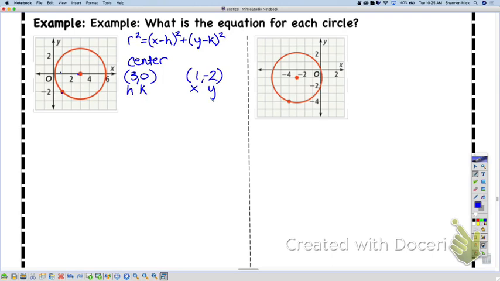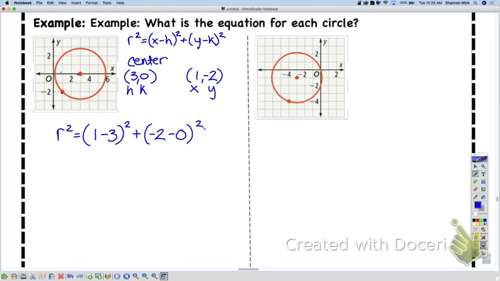So R squared equals X minus H. What's X? 1 minus H, so minus 3, squared, plus... what's Y? -2 minus K, 0, and then squared.